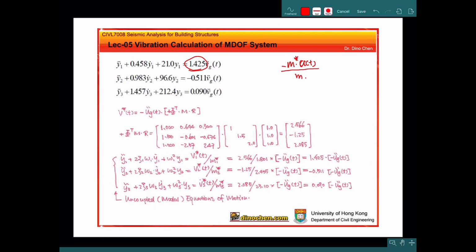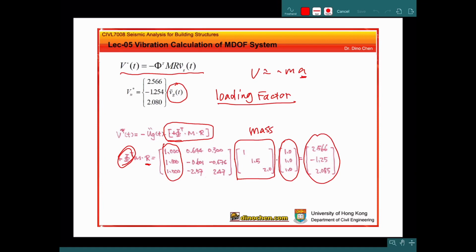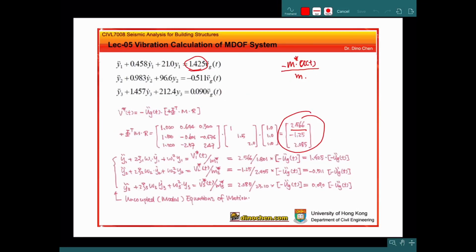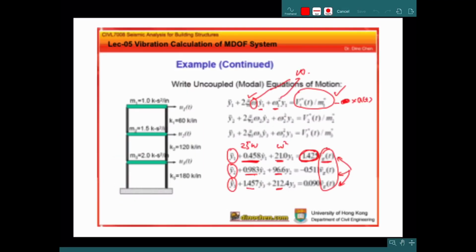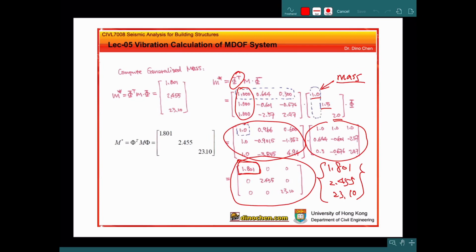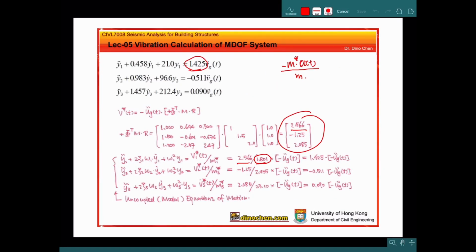So in this calculation, we only compute the 2.50 like the previous part, like this one. And this one, we need to divide by the mass. This mass is the generalized mass. We capture it from the mass calculation. You can see that this is the generalized mass. So we can capture this part, and then we can compute, oh sorry, this is V(t) minus m.